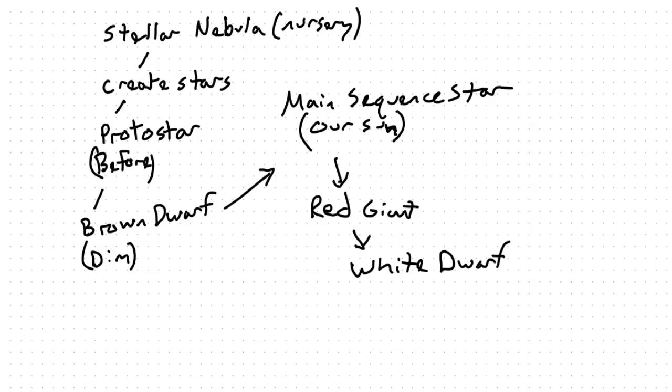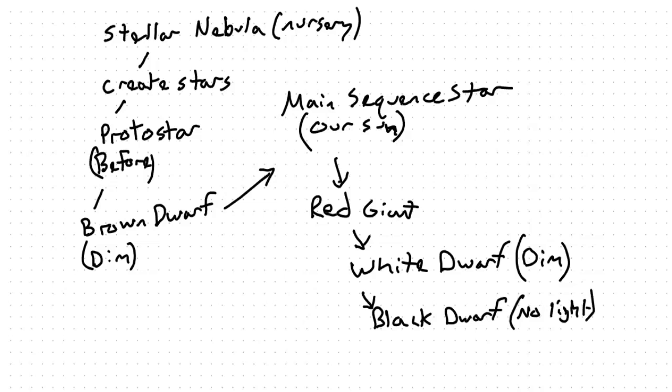Still emitting light, but it's dim again. And then eventually that can become, or will become, a black dwarf. Essentially all of its energy is gone. Now I'm saying no light, but actually I don't know if it's no light, but it's essentially impossible to see.